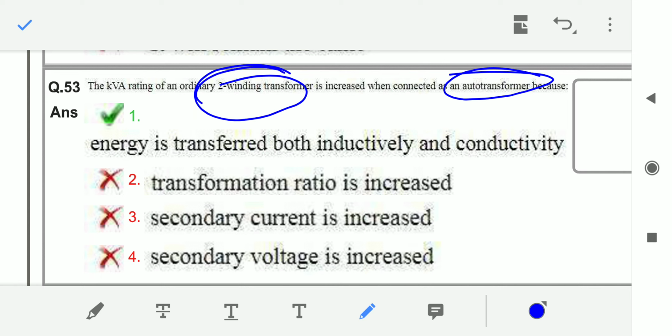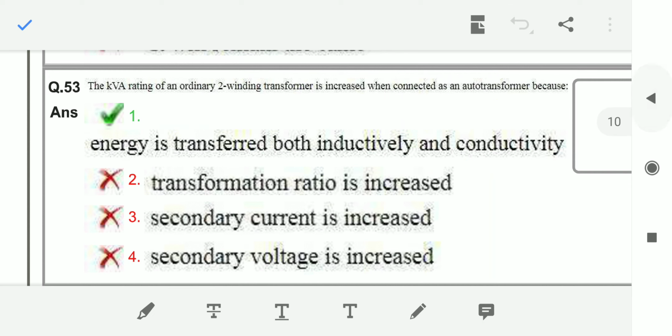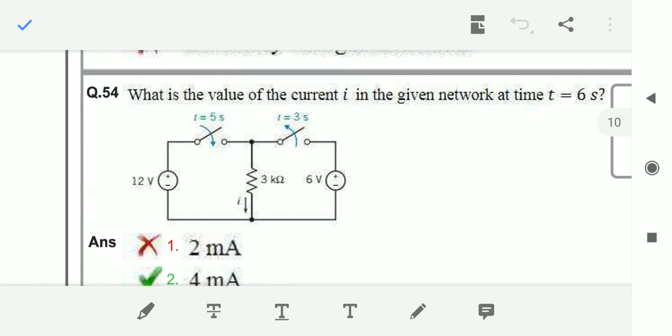Because in the two winding transformer, power is transferred only by the induction process. There is no conduction, because the windings are magnetically coupled but electrically isolated. Whereas in the auto transformer, the windings are magnetically as well as electrically coupled, so energy is transferred by conduction as well as induction. So the answer is 1.